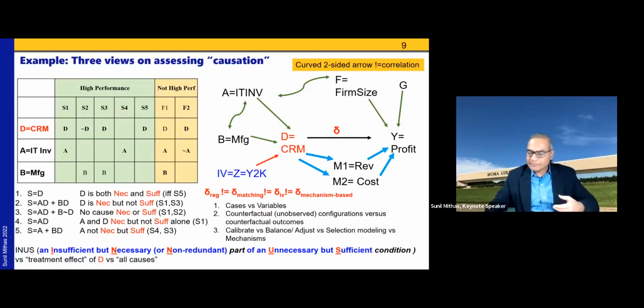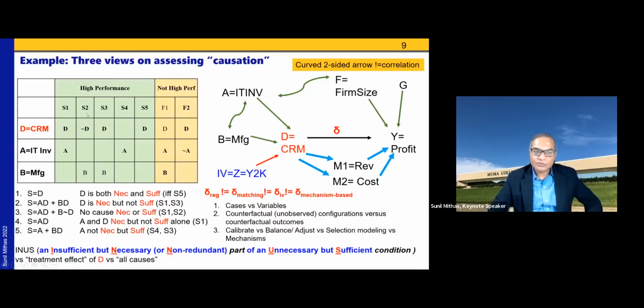The second concept is the idea of equifinality. So even if you cared about, let's say, high profits, there are multiple ways of achieving high profits. And in this diagram, I'm showing you at least 5 different ways: S1, S2, S3, S4, S5. In the S1 configuration, you can have high profits if you have just these two conditions.